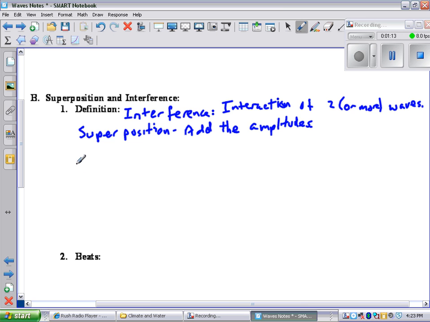Okay, so our first example is we're going to have wave A at a crest moving to the right. And then wave B is in the same medium. It's also at a crest, and it's moving to the left. When they get together, they will combine and make an extra big wave.